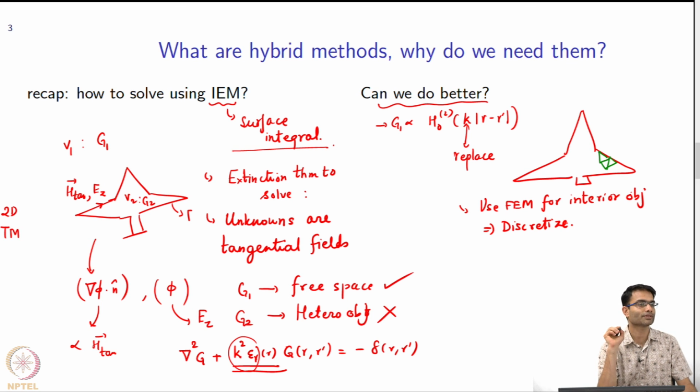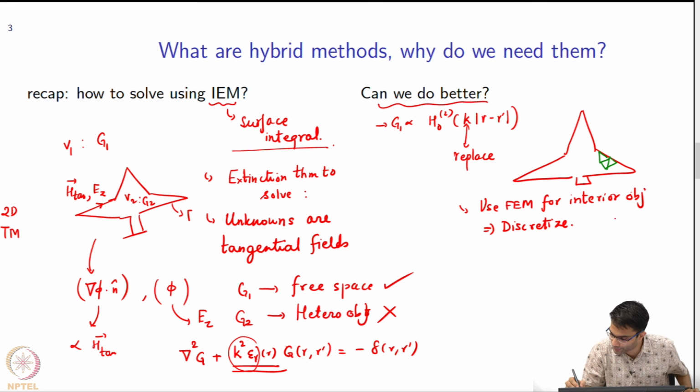Okay. What is left? I have decided I don't want to pay the price of discretizing air, and I don't want to pay the price of inexact boundary condition. So in the part of the FEM where I impose the boundary condition, instead of applying an ABC, I somehow use the boundary integral equations, because they are exact and they are along the boundary. This is the conceptual idea.